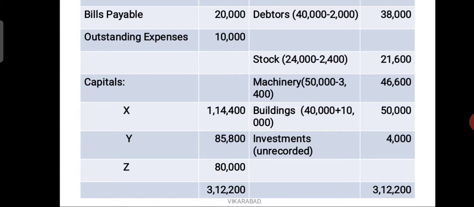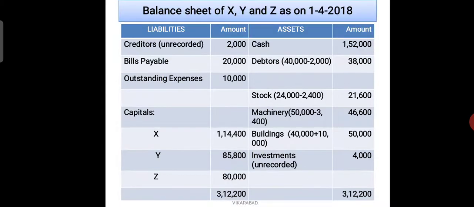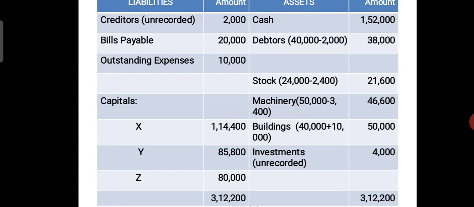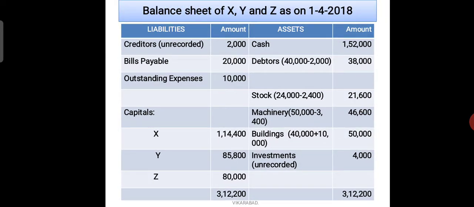So the total of the balance sheet is 3,12,200. Asset side 3,12,200. Liability side 3,12,200. Children, like this we show the balance sheet of all partners.